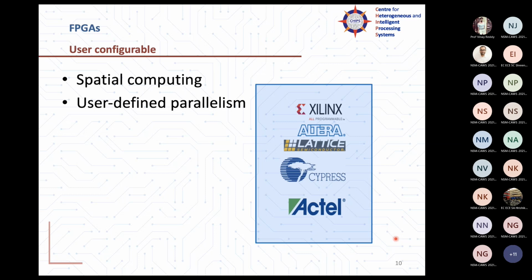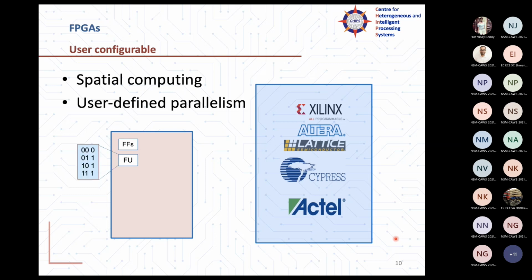What do I really mean by that? I am given a playground. FPGAs are considered programmable playgrounds where you have a bunch of programmable resources. Let's call them functional units, and they have some kind of memory, let's call them flip-flops for now. Each of these functional units can behave according to what you define it to be.